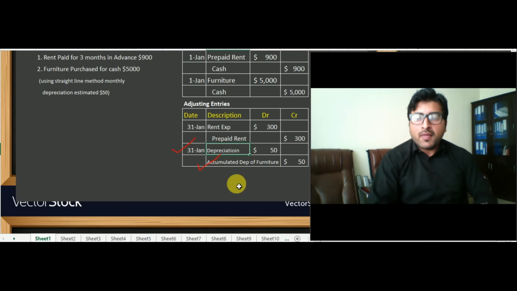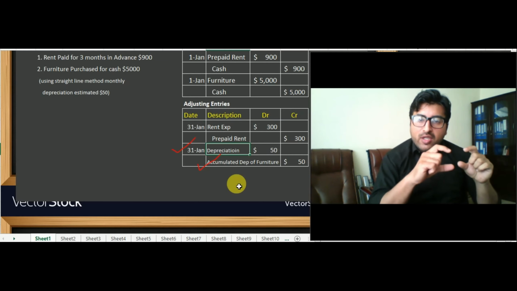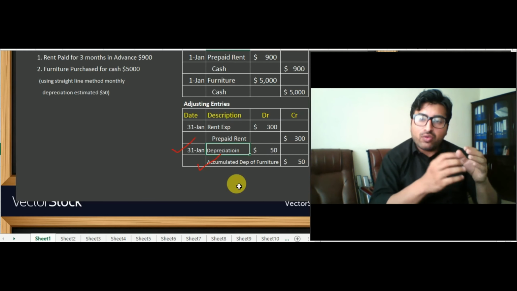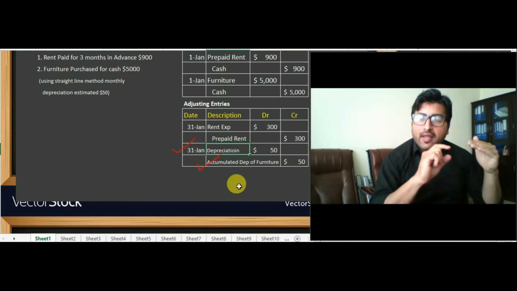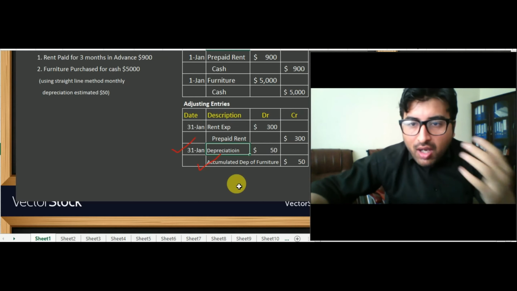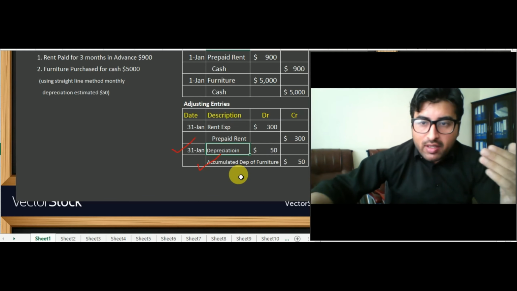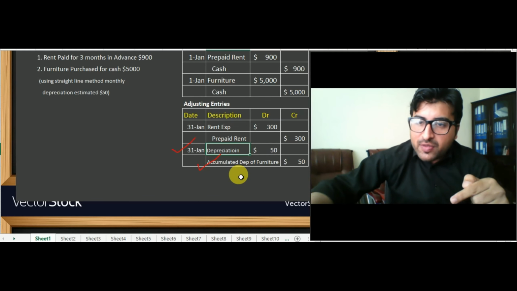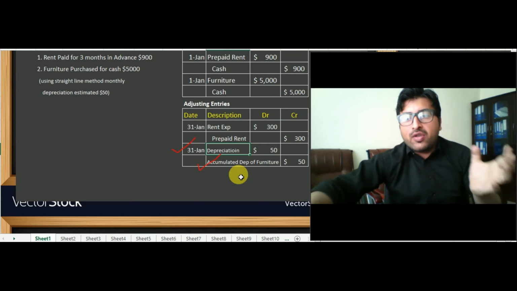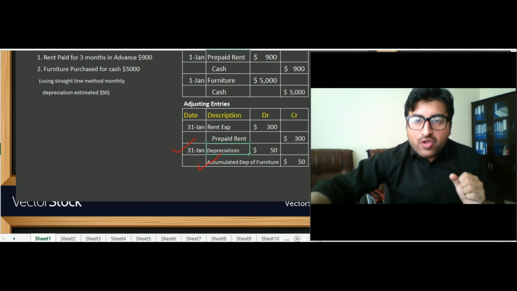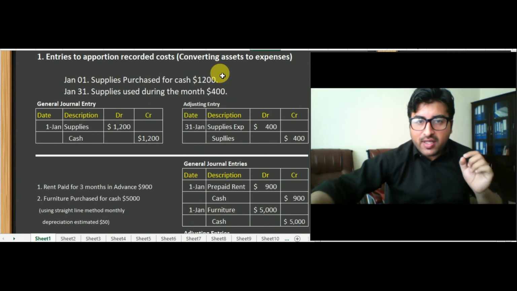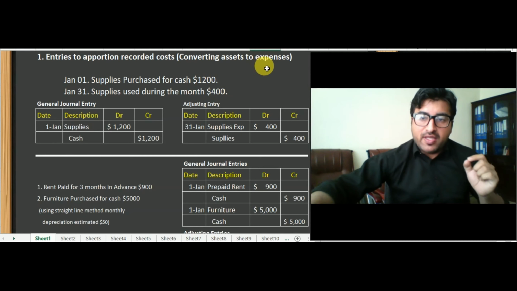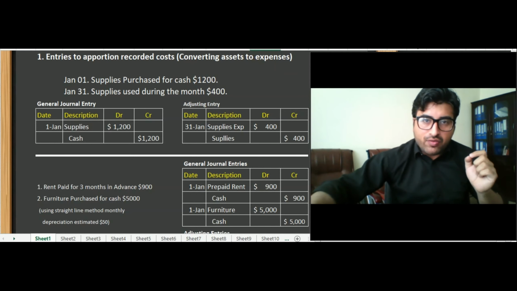Okay, so this accumulated depreciation of furniture account value, we are subtracting it from the main asset account in the balance sheet. So you have learned here how to convert the current assets into expenses and also the fixed asset into expenses. And this was the first type of adjusting entry, and that is what? Converting assets to expenses. Now we are going into the second type of adjusting entries.